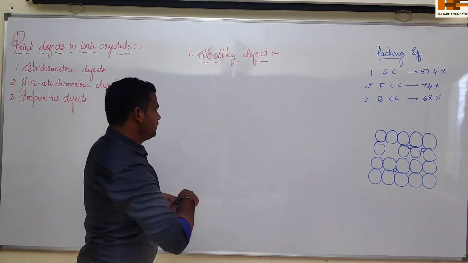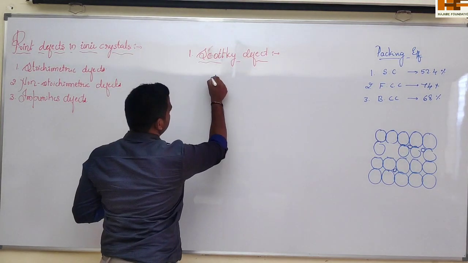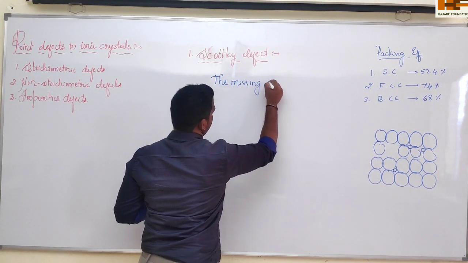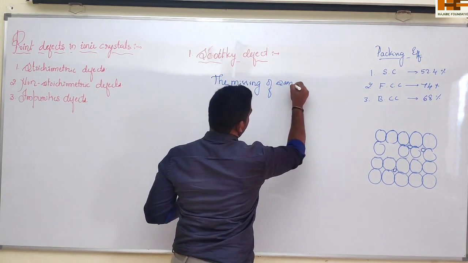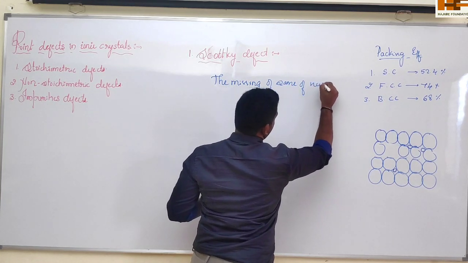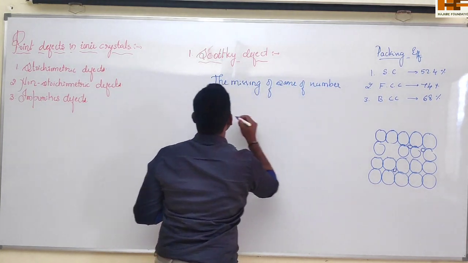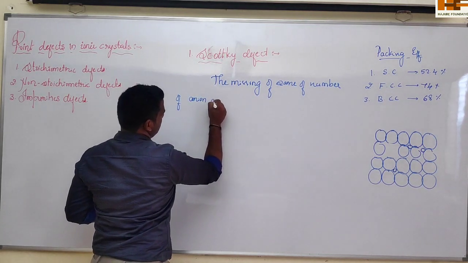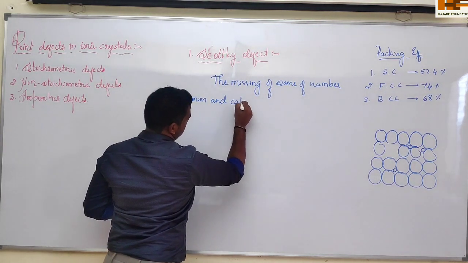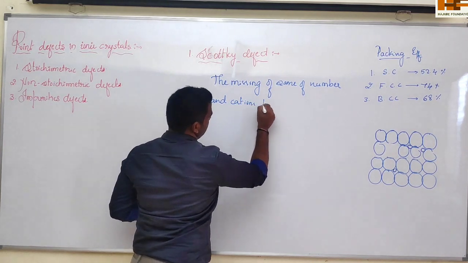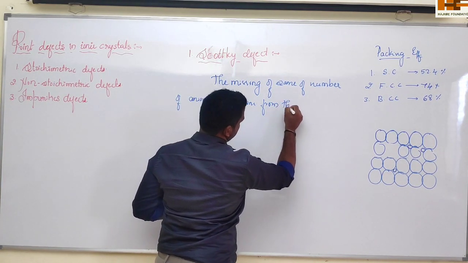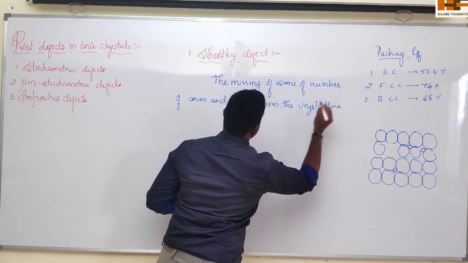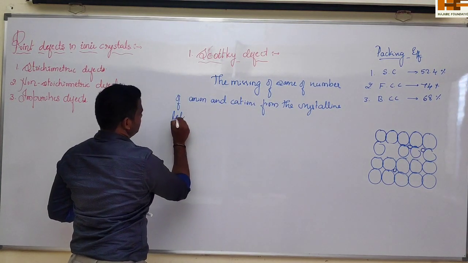Means the missing of same number of anions and cations from the crystalline lattice.